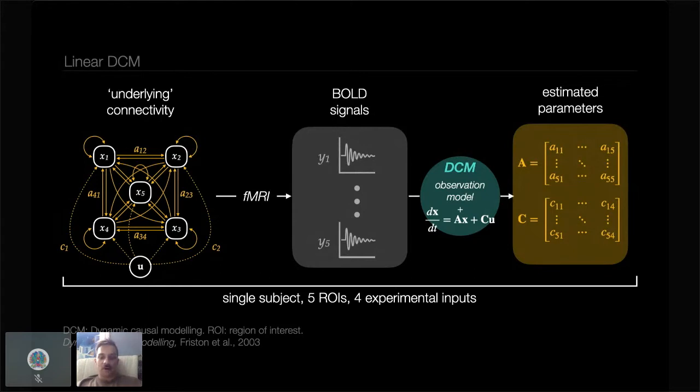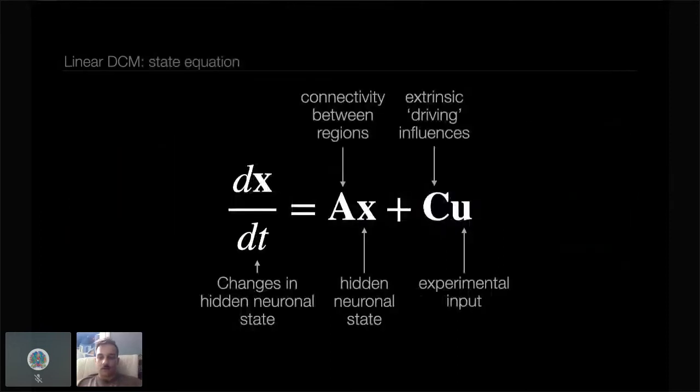And DCM posits that these network dynamics can be inferred from BOLD signal data. Here's that state equation again. Notice that to find the parameters A and C, we essentially need to solve a system of differential equations.